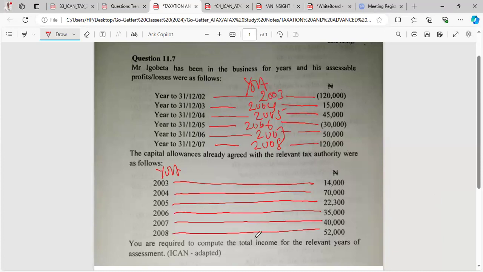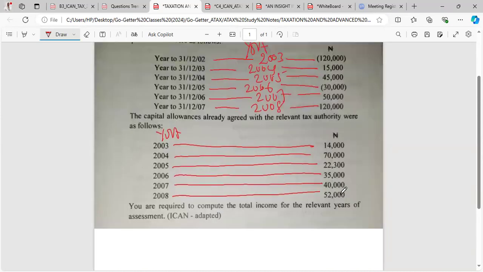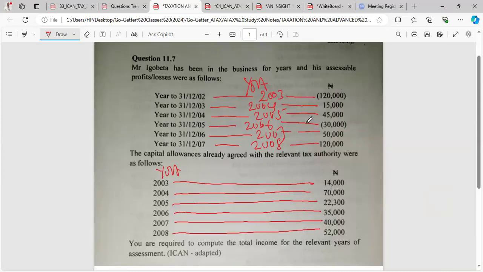You were required to compute the total income for the relevant years of assessment. Total income, that is the chargeable income. So how do we do this? This is our illustration 4 campus question.